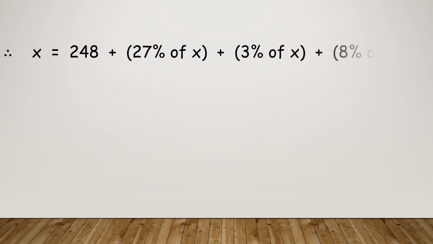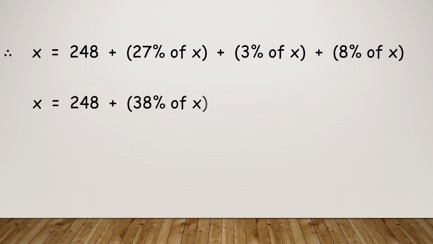Therefore, X equals 248 plus 27% of X plus 3% of X plus 8% of X. Now adding together all the percents, we can write this as X equals 248 plus 38% of X.